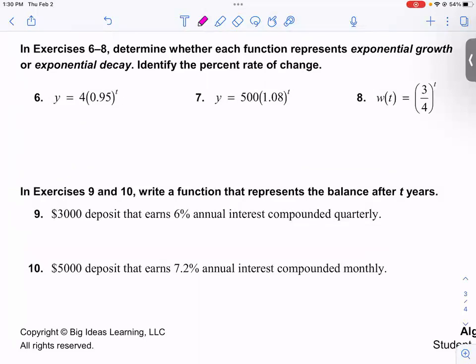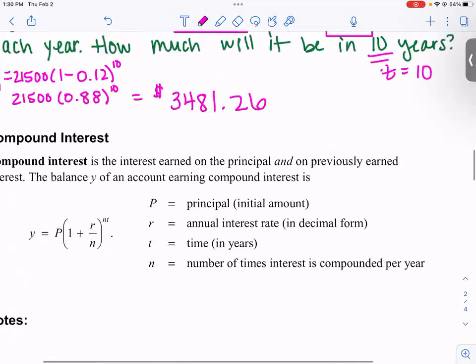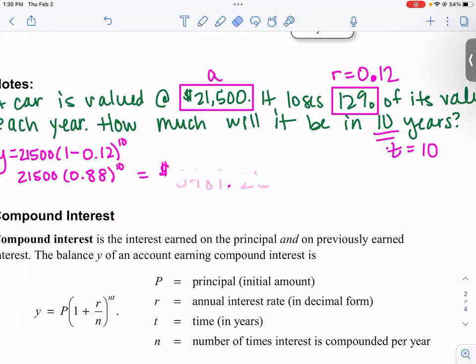So 0.88. Times 21,500. Miss Homan made a mistake on our last example.